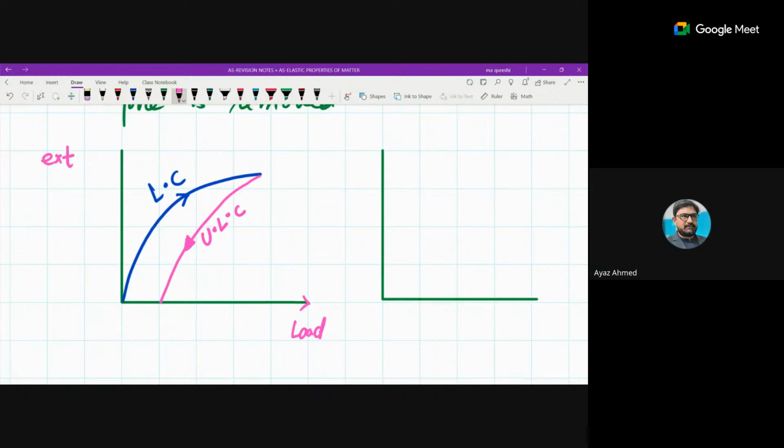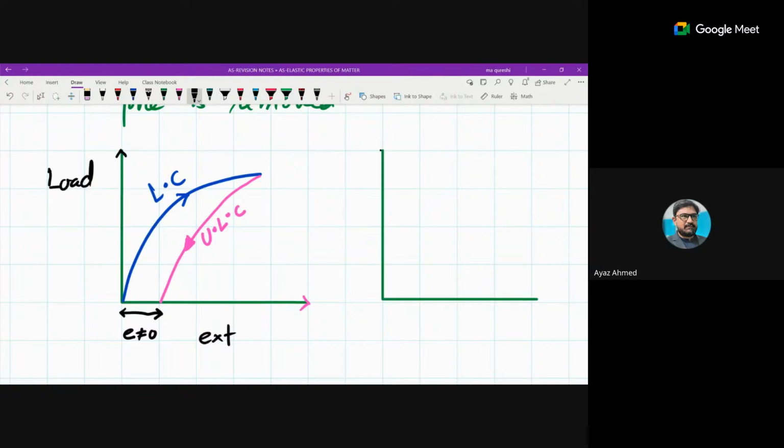Just a second, let me make it another way around for the first graph. This is load, and this is extension. Did you see that extension is permanent? When you have removed the deforming force, extension is not zero.